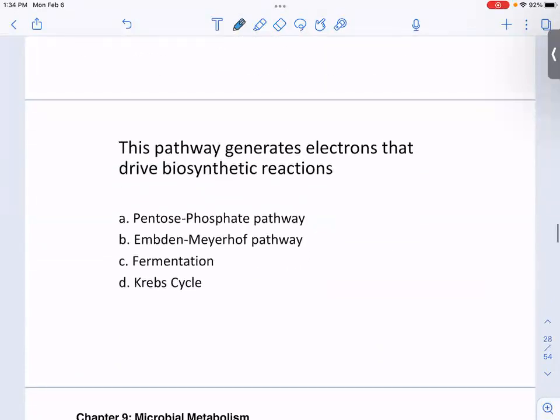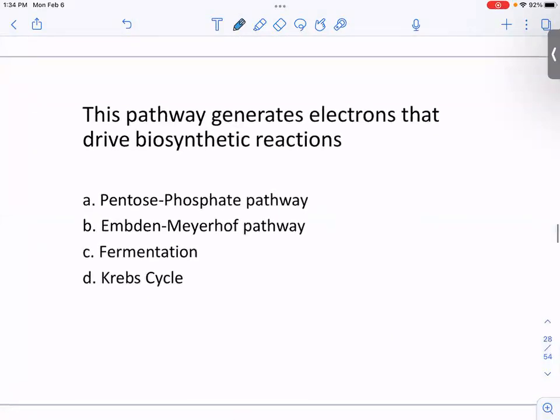Okay, one more. I know we haven't talked about fermentation yet, so hint, that's not the right answer. The electrons that drive biosynthetic reactions are going to be carried by NADPH, and those are going to be used in the pentose phosphate pathway, right?